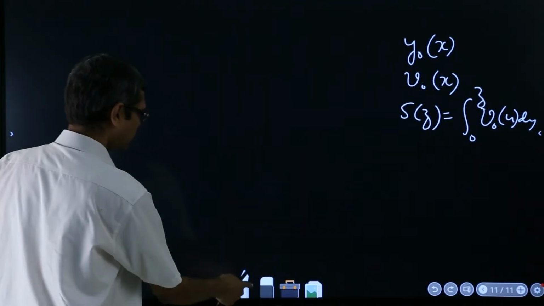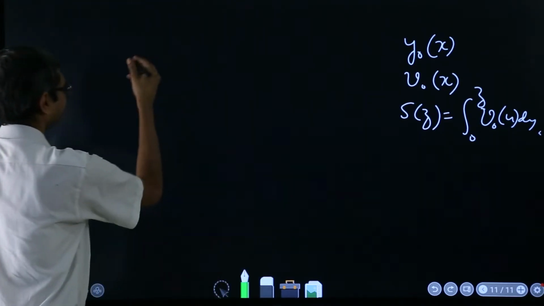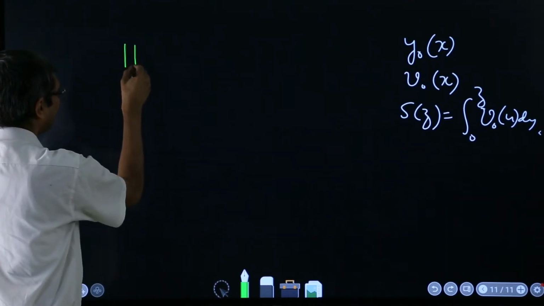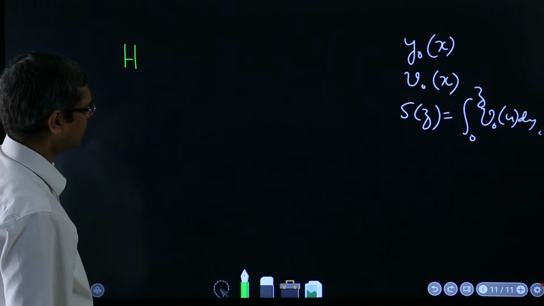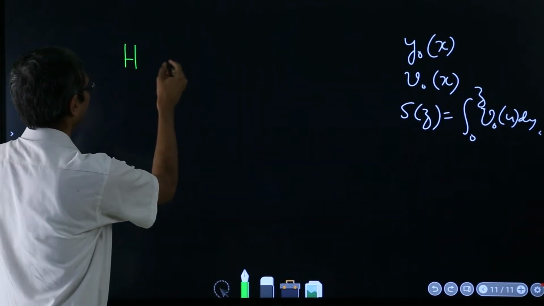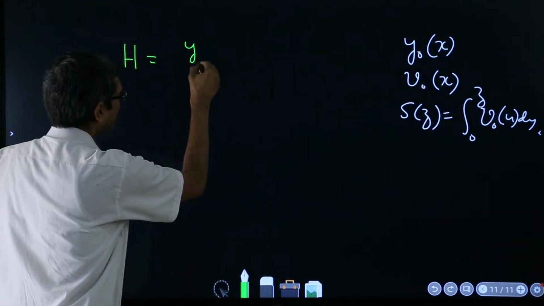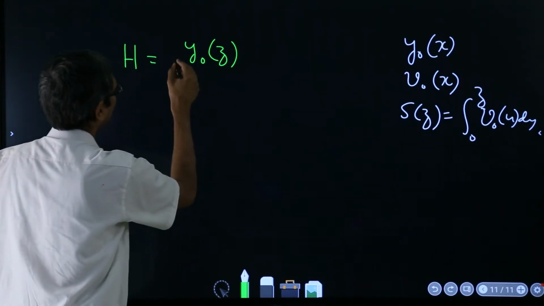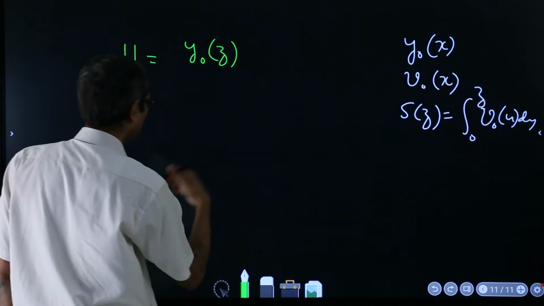Then what you do, you have to now define a function, say h, to be y naught of z, half, I'll write it another time, meaning in the final equation.